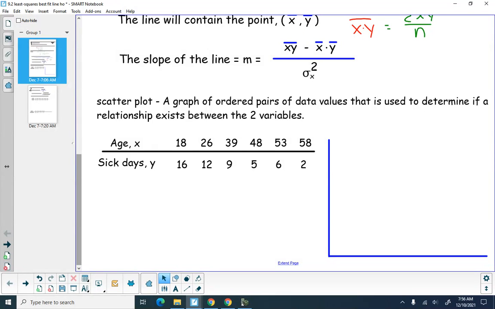What we have here is the age of a person and the number of sick days that they utilize on a yearly basis. Typically, when you're younger and you have sick leave days, you use those as much as possible. The reason is you get up and think, I don't feel quite as good this morning, or maybe the weekend was a little bit too rough for you, and you call Monday off as a sick day.